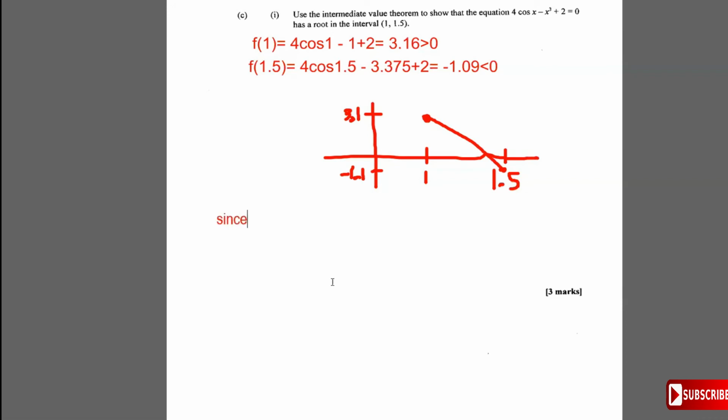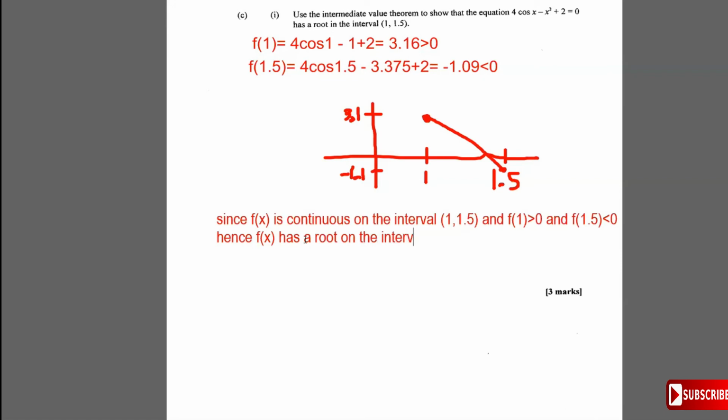Let's start by saying since f of x is continuous on the interval 1 to 1.5, and f of 1 is greater than 0 and f of 1.5 is less than 0, hence f of x has a root on the interval 1 to 1.5.